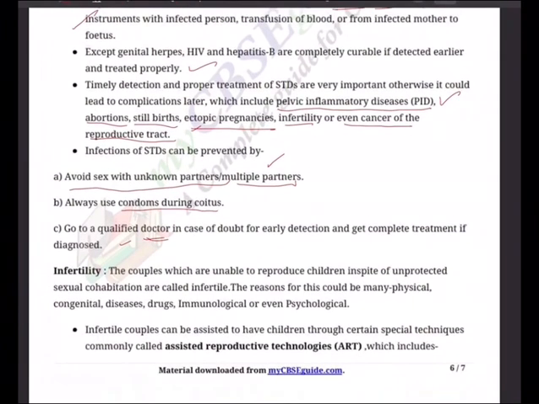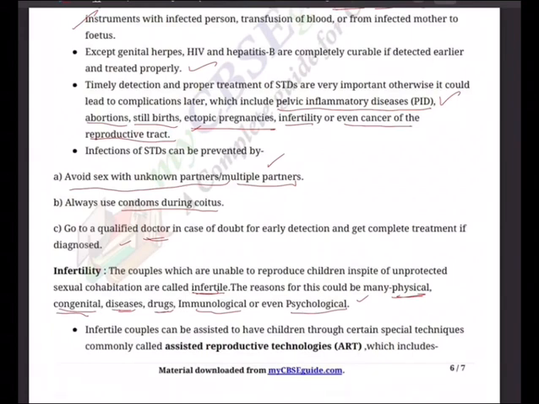And then infertility. The couples who are unable to reproduce children in spite of unprotected sexual cohabitation are called infertile. The reasons for this could be many. Maybe physical, congenital by birth, maybe diseases, use of drugs, and immunological or even psychological.